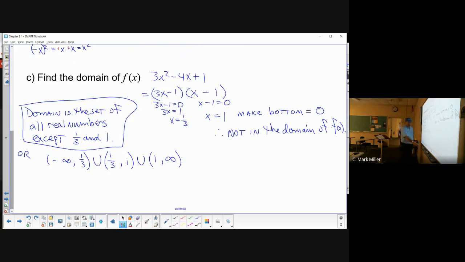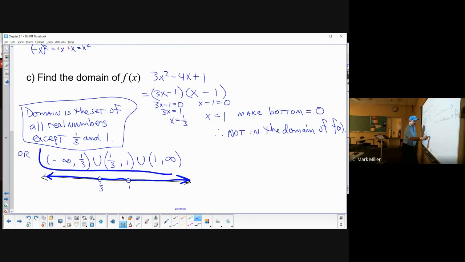That's another way of saying on the number line, if that's the whole number line, I don't have the point 1/3, and I don't have the point 1, but I have everything else. This is the graph of the solution set. This is another way of saying the solution set right here. Or you could write it out in words.